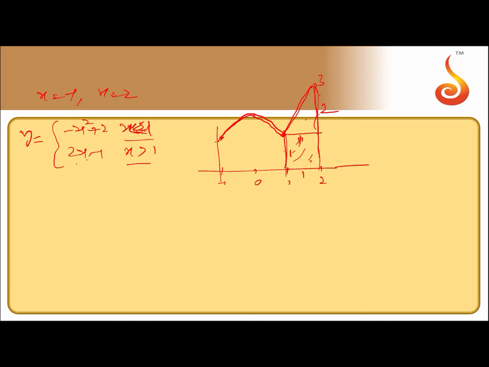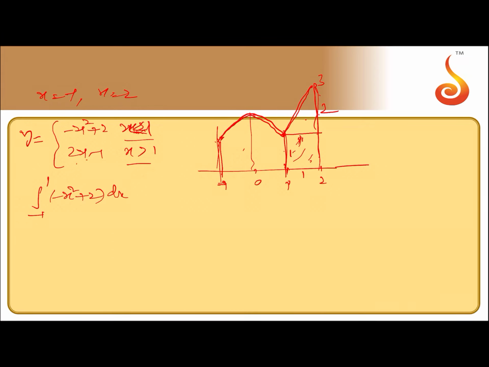Now let me calculate the area under this parabola, from minus 1 to plus 1. By the symmetry of this one, integral minus 1 to 1 of minus x square plus 2 dx.